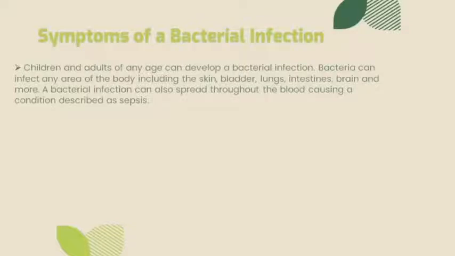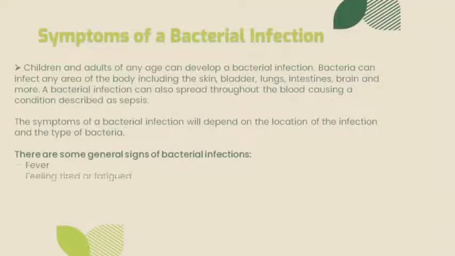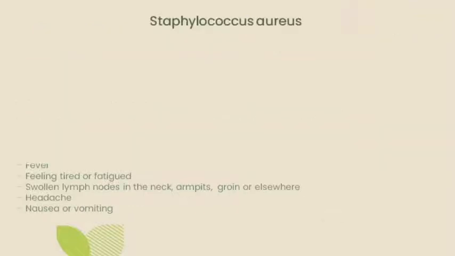The symptoms of a bacterial infection will depend on the location of the infection and the type of bacteria. There are some general signs of bacterial infections: fever, feeling tired or fatigue, swollen lymph nodes in the neck, armpits, groin or elsewhere, headache, nausea or vomiting.